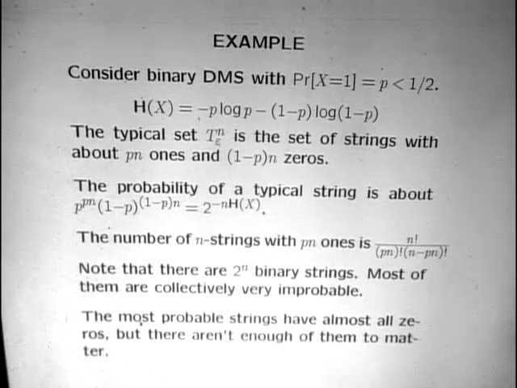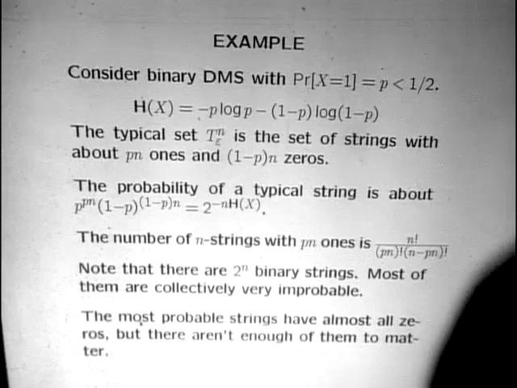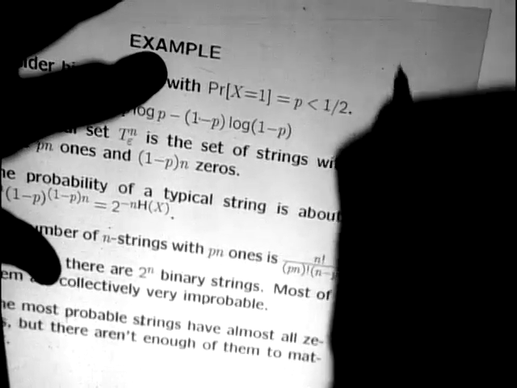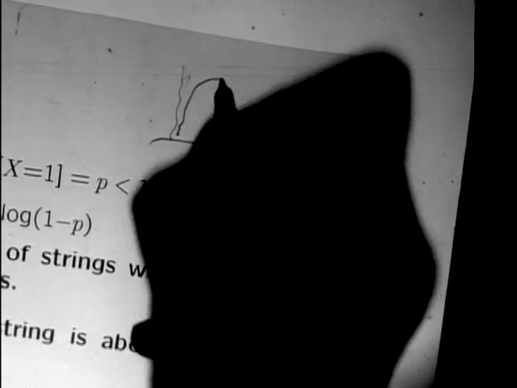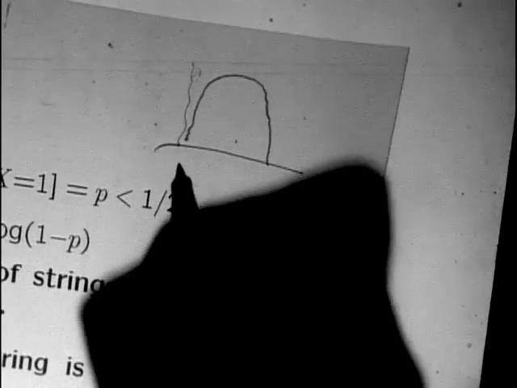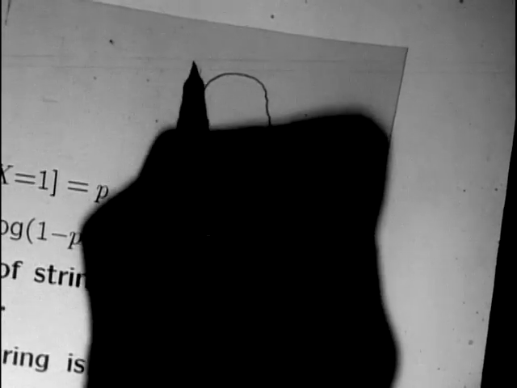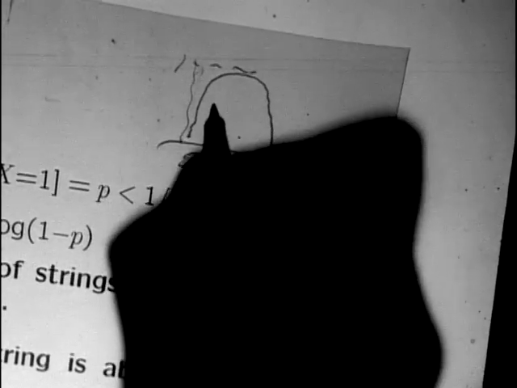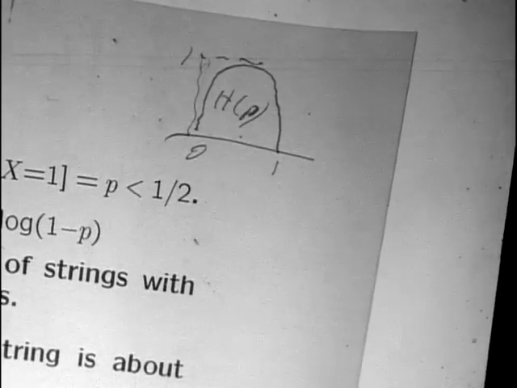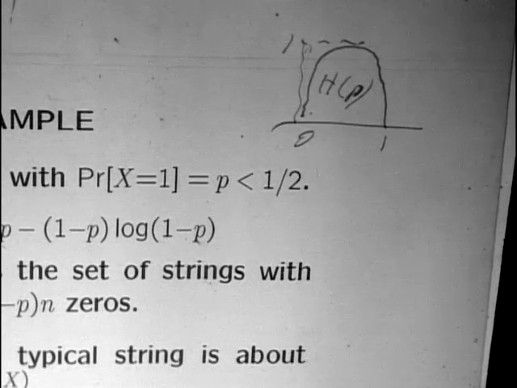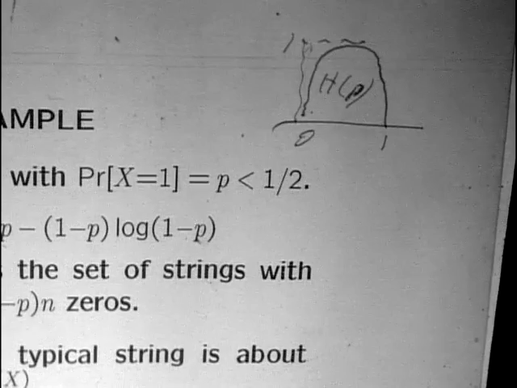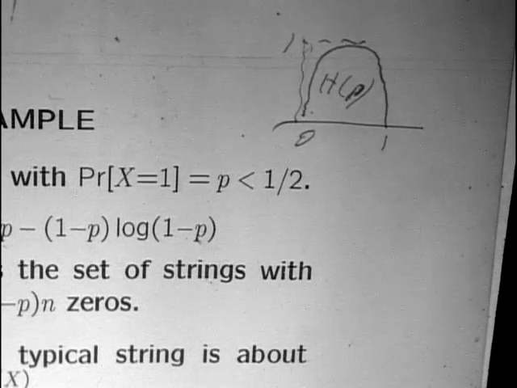There were famous curves of this function, which looks like this. Zero, 1. Okay, but turns out that's not all that important a distribution. It's a nice example to talk about.